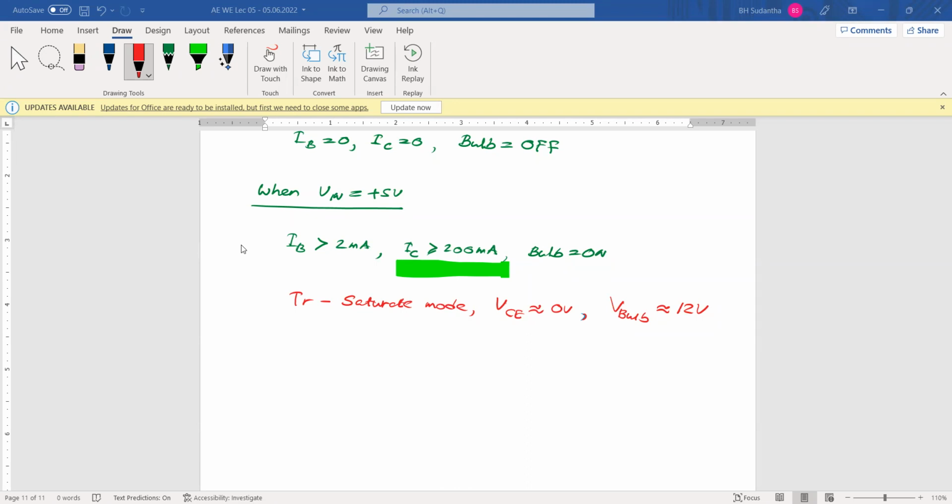If you put the transistor into active region, then we will be in trouble. Across the transistor at VCE, you will have some kind of voltage. Transistor will be getting heated, and then transistor will be damaged. Because of that, when we use transistor as a switch, we have to make sure that they are operating either cutoff mode or saturate mode.